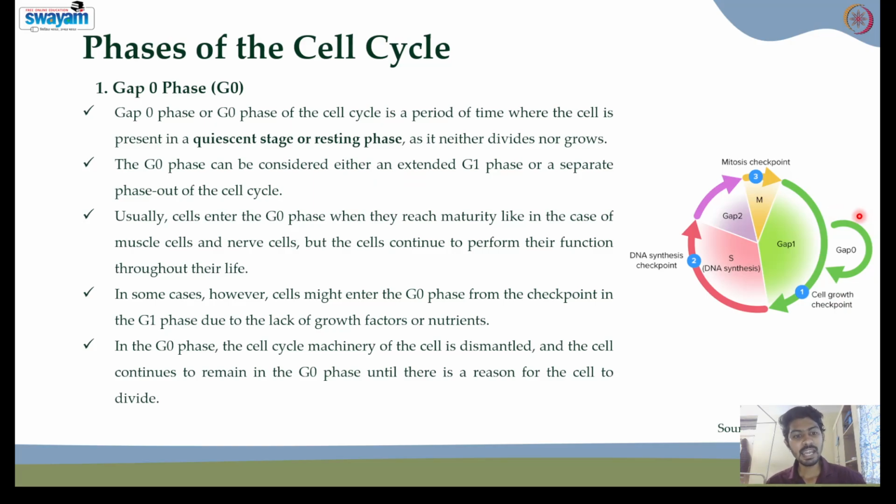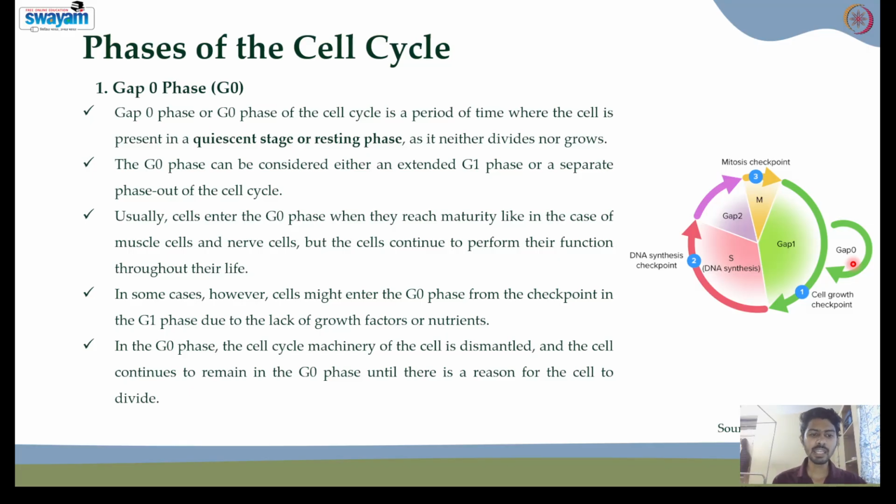So what usually happens? The cell enters the G0 phase when it reaches maturity, like in the case of muscle cells and nerve cells. Once they have matured or fully divided, these muscle cells and nerve cells remain in G0 until they are mutated or changed by an external condition.